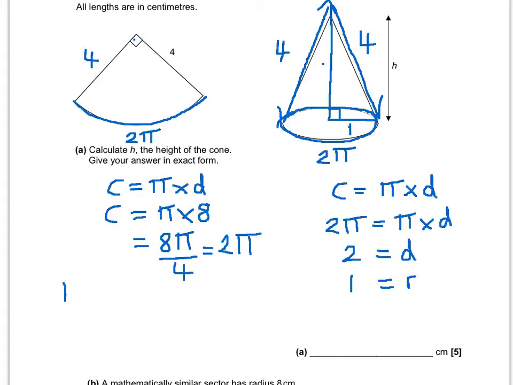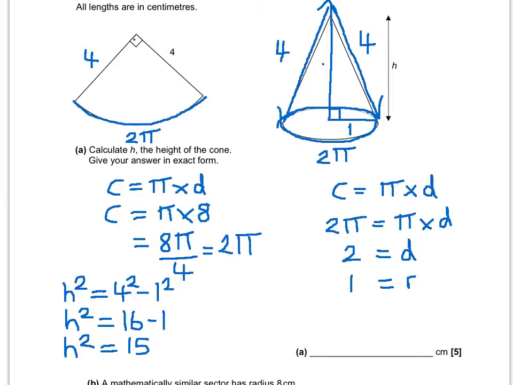So we'll write out the theorem, h squared, it's going to be 4 squared, which is the hypotenuse, take away 1 squared, which is one of the shorter sides. So h squared is, 4 squared is 16, 1 squared is 1, so 16 take away 1, so h squared is 15. If h squared is 15, then h is going to be the square root of 15.